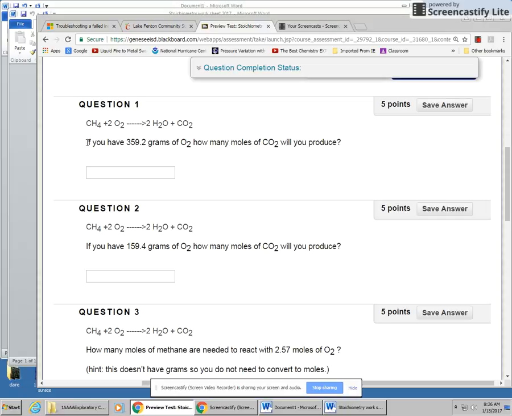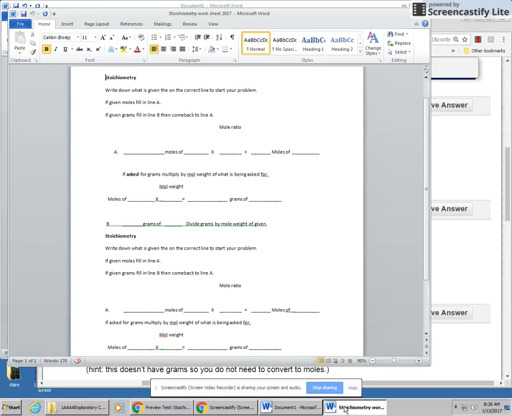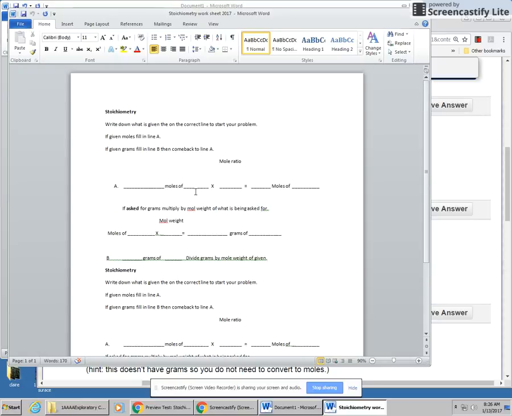So right here, if you have 359.2 grams of O2, how many moles of CO2 will you produce? You come here, and the first thing that you do is write down what is given. And since this is actually a Word document, I'm going to have to put this into some place where I can write on it.